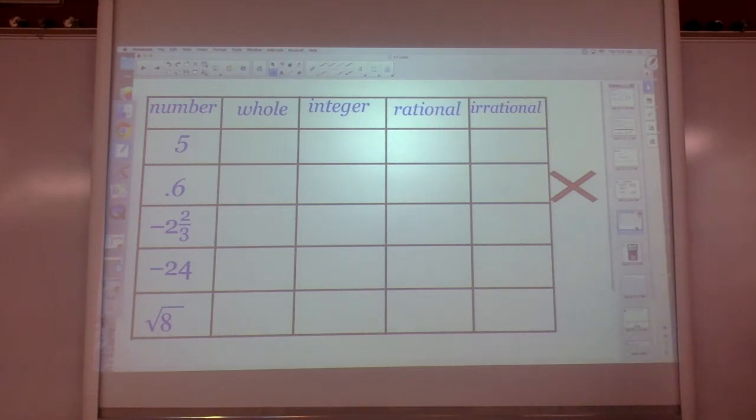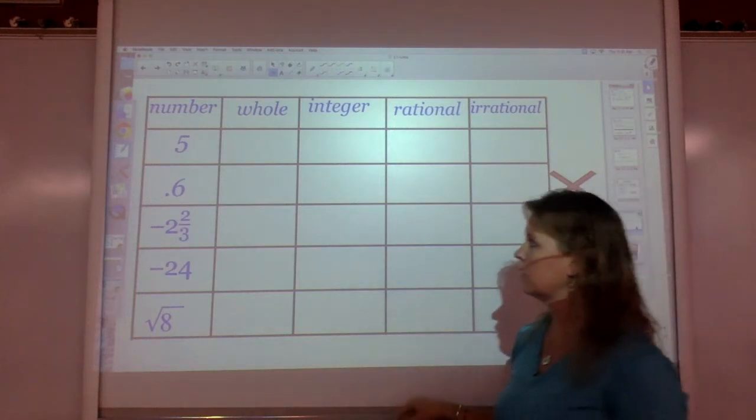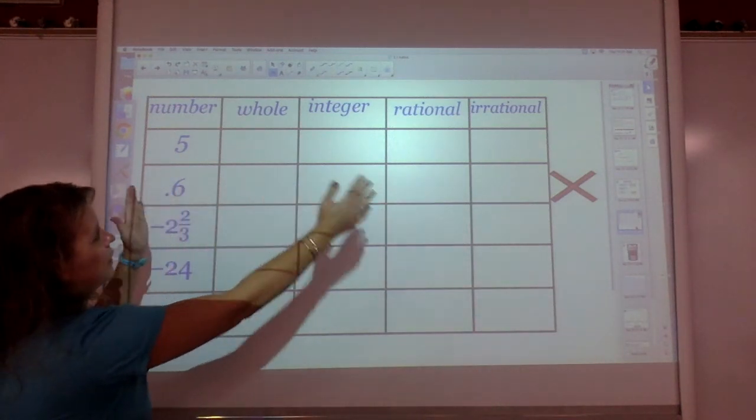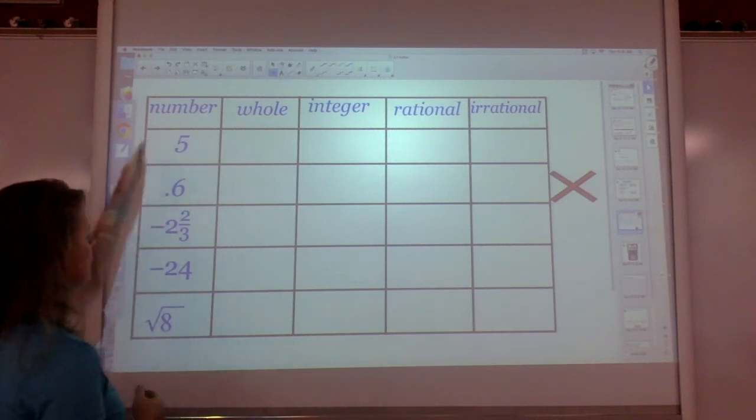Take a second to draw this chart. It's, well, maybe a minute. 5 rows across and 6 rows down. Pause it, draw it, and come back. All right, you should have it all drawn. Now what I want you to do is put an X in every word up there that describes these numbers.